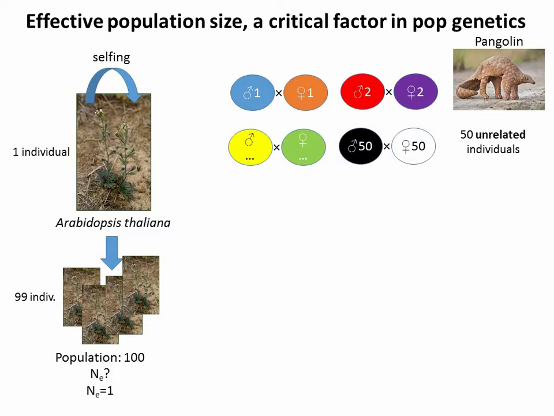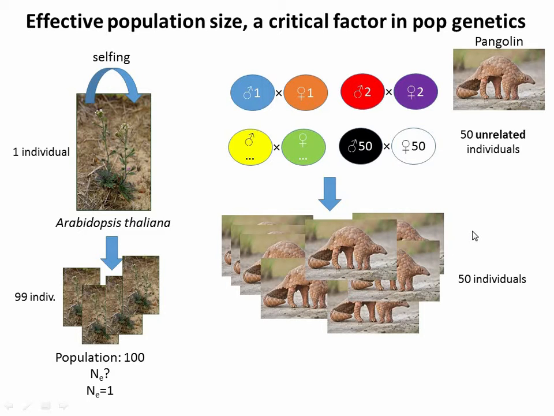Now let's take a different case, the pangolin, to match the current situation. Imagine this time that you have 50 completely unrelated individuals, genetically I mean. Each of them will mate: male 1 with female 1, male 2 with female 2, etc., until number 50.